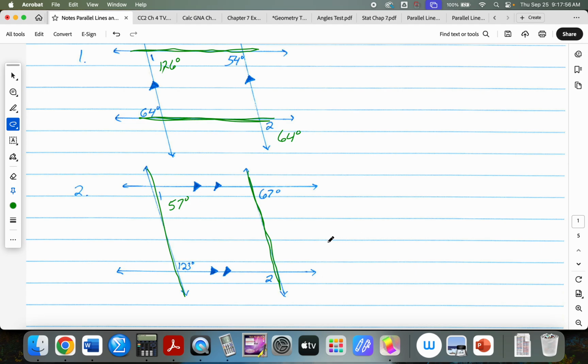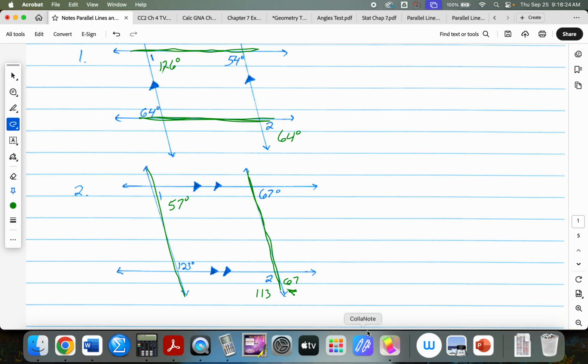So, because of that, we can't do anything directly, but this 67-degree angle corresponds to this one. And I think corresponding angles are the easiest ways to move around. And then what kind of angles are 2 and this new 67? They're linear pairs, so they are supplementary. So subtracting 67 from 180, we get that this is 113 degrees.